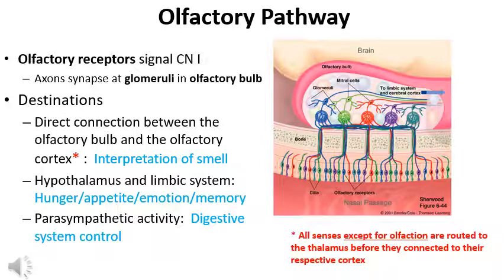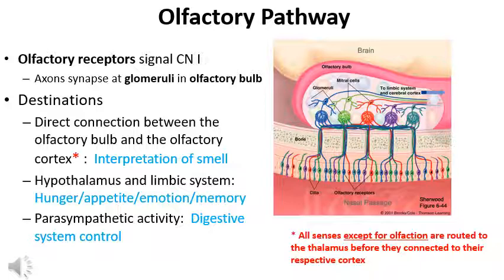If you take a look at the illustration at right, you'll see a series of many olfactory receptors. And every single one of those olfactory receptors will respond to a certain type of molecule. But all those olfactory receptors are linked together, ultimately connecting to a region that's right above the ethmoid bone.